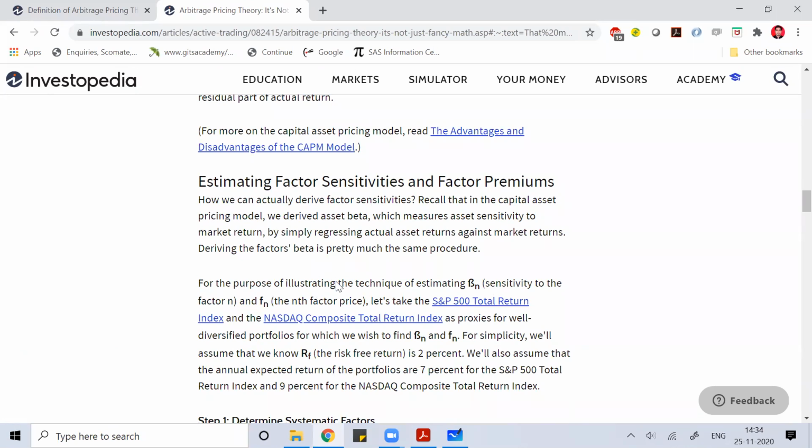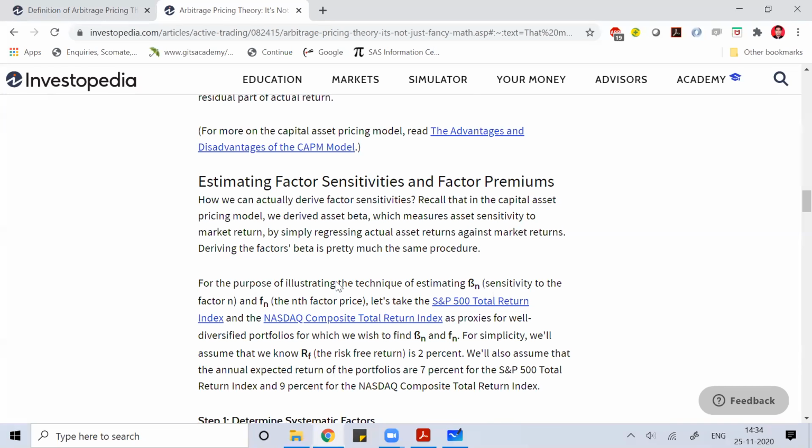So this is what we need to do when we work on the arbitrage pricing model. We try to estimate the factor sensitivities, and then we try to calculate their factor premium. The factor sensitivity here basically means the beta of each risk factor, and factor premium basically means Rm minus Rf.